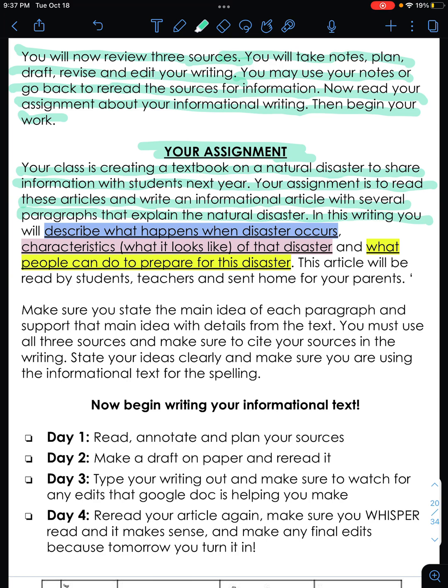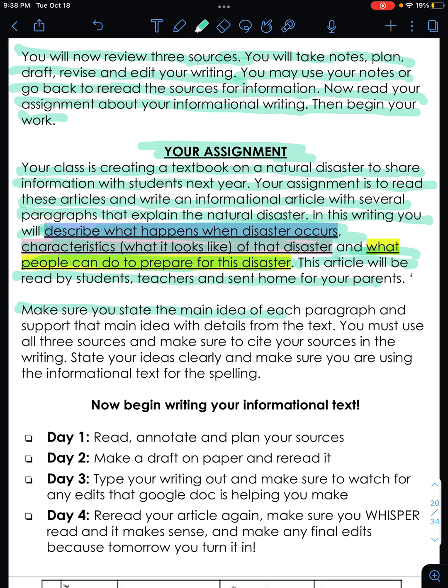In this writing, you will describe what happens when the disaster occurs. Okay? Characteristics, what it looks like of that disaster, and what people can do to prepare for this disaster. This article will be read by students, teachers, and sent home for your parents.